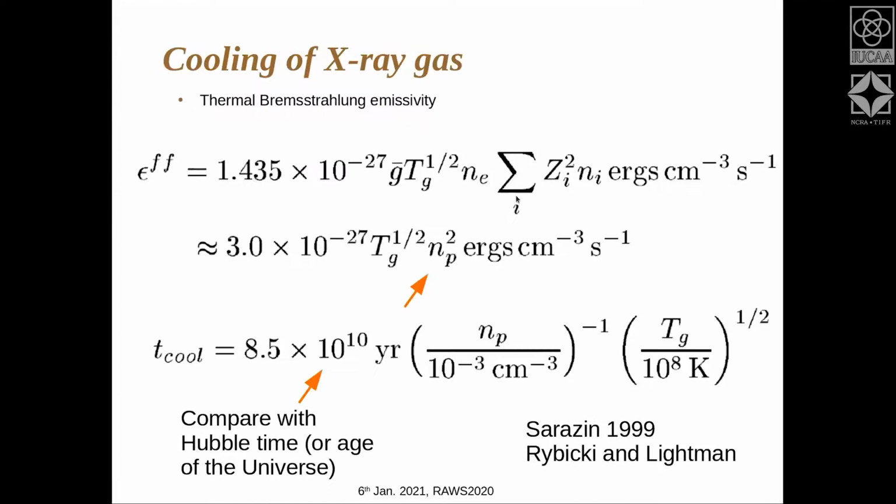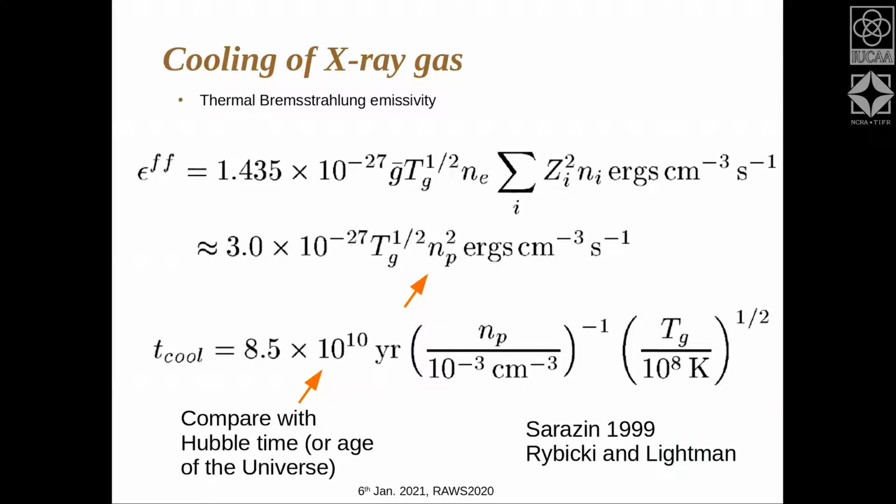So what does this thermal bremsstrahlung imply? If you look at the formula for emissivity, you see that there is a very strong dependence on the square of the density. In the X-ray image you are measuring the flux in X-rays, and this emissivity is deciding the flux.